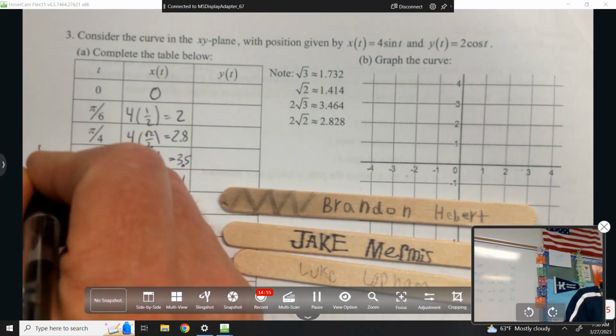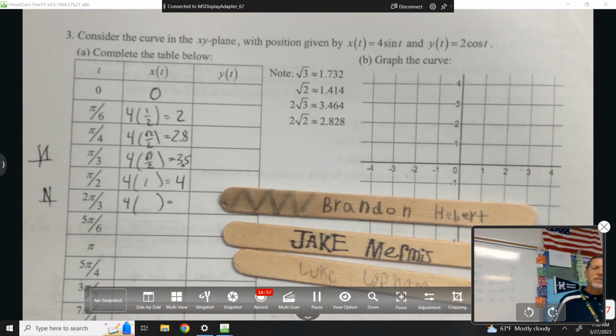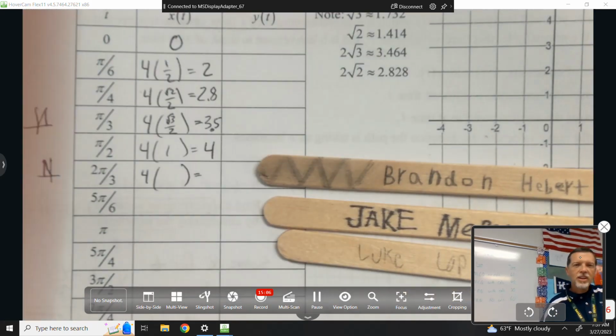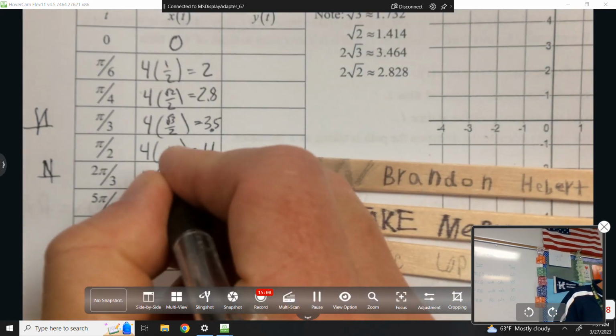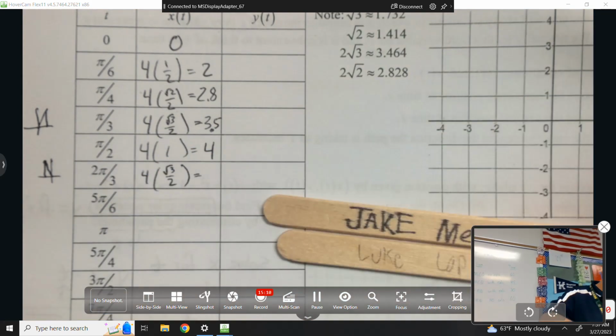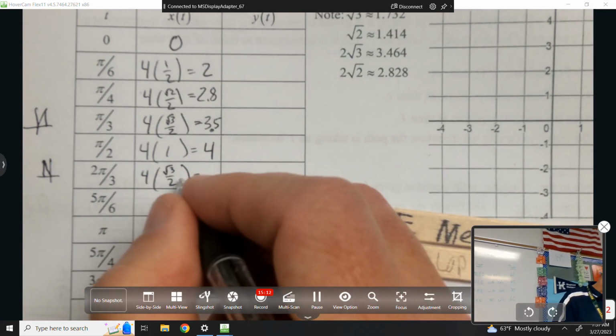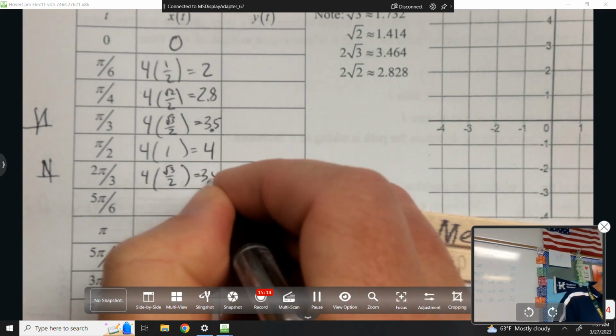Here's a hint. It's the same thing as the sine of pi over 3. It's got to be root 3 over 2. So that becomes 2 root 3, which we already said was 3.5.